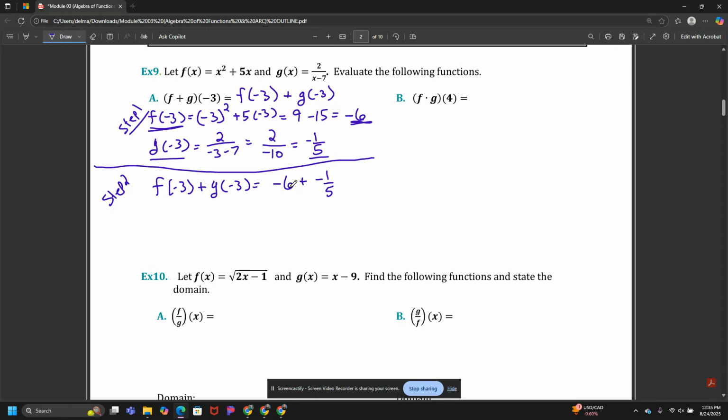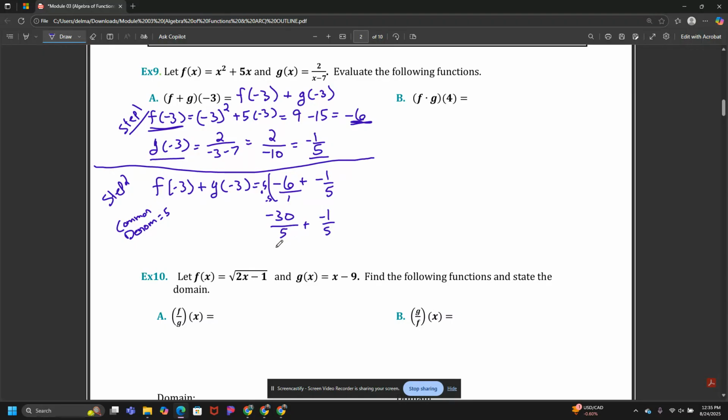I've got to get a common denominator because this is just negative 6 over 1. Okay, so common denominator equals 5. So I'm going to have to multiply this by 5. Negative 6 times 5 is negative 30. 5 times 1 is 5.